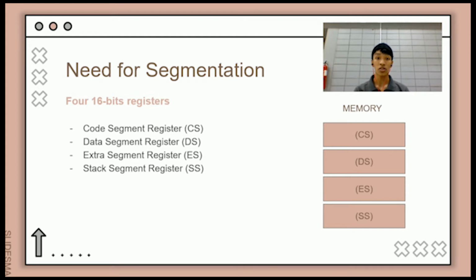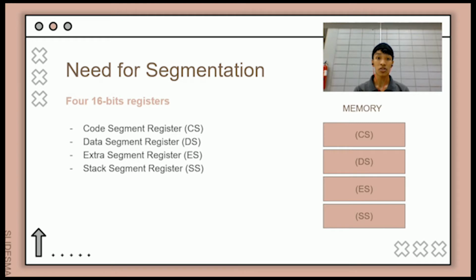Code segment register is used for addressing memory location in the code segment of the memory, where the executable program is stored. Data segment register points to the data segment of the memory where the data is stored.